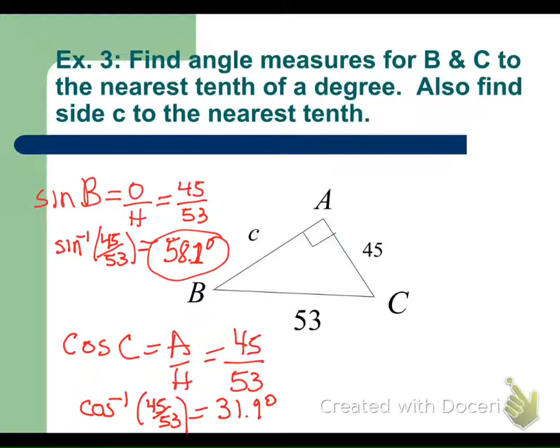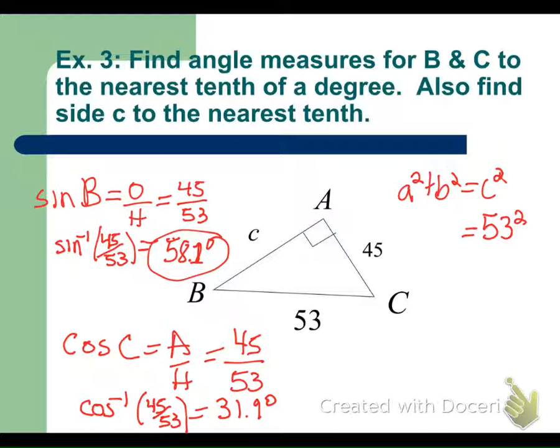We're also missing that side. When we're missing that side, we have to solve it. We can do that with the Pythagorean theorem. Remember, that is a squared plus b squared equals c squared. We know that c squared is always your longest side, your hypotenuse. What value do we have for our hypotenuse? 53 squared.